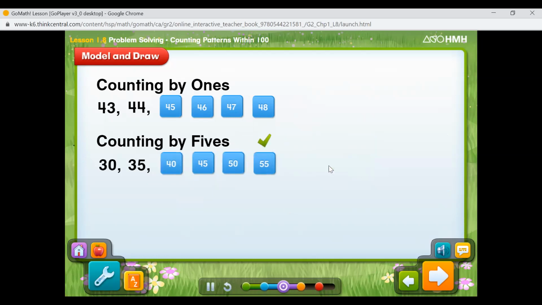You're right. The order for counting by fives is 30, 35, 40, 45, 50, 55.